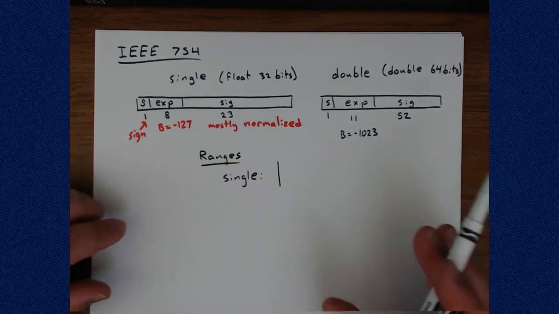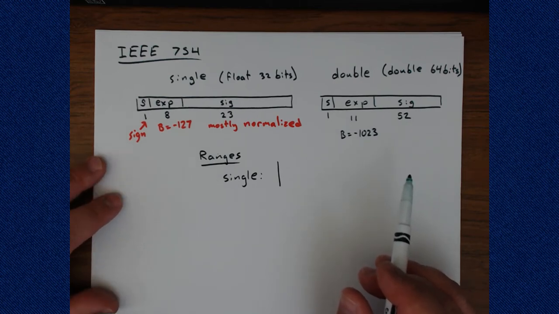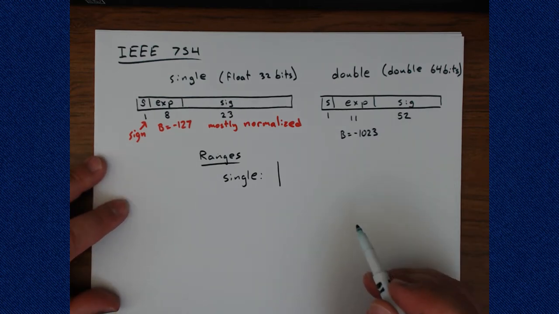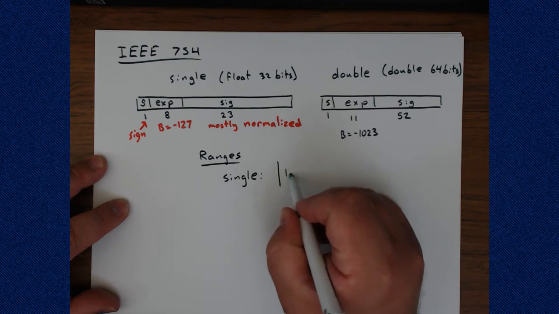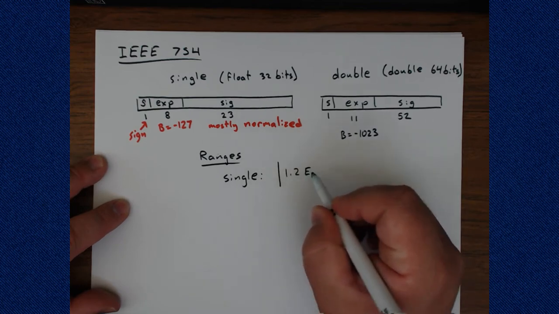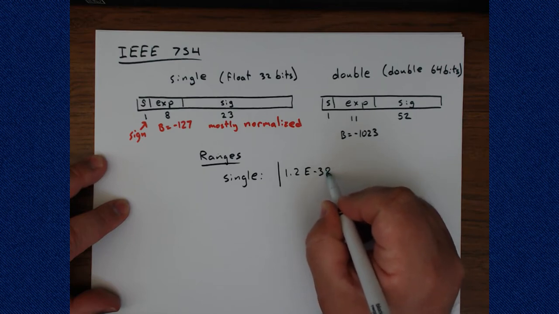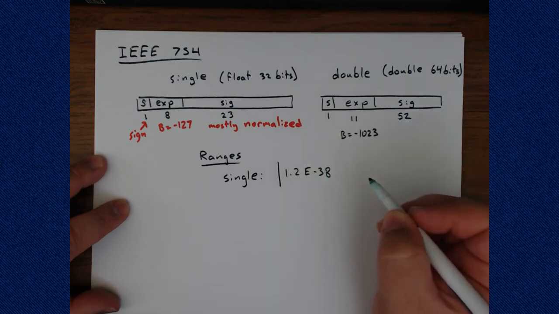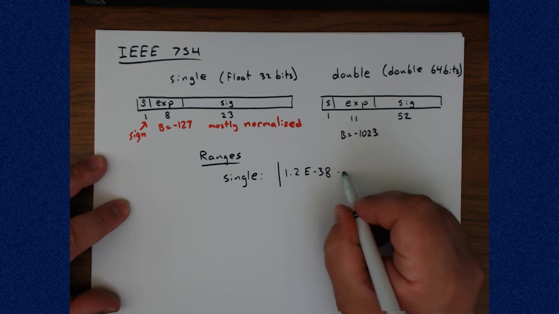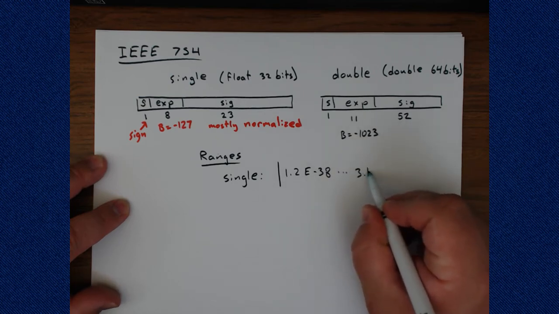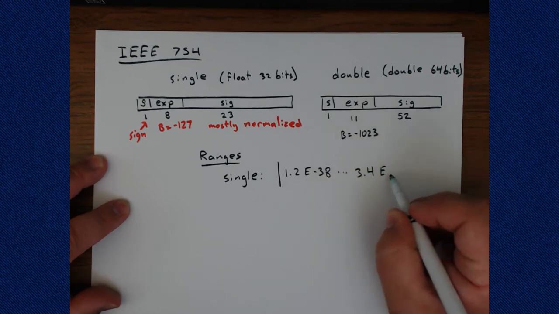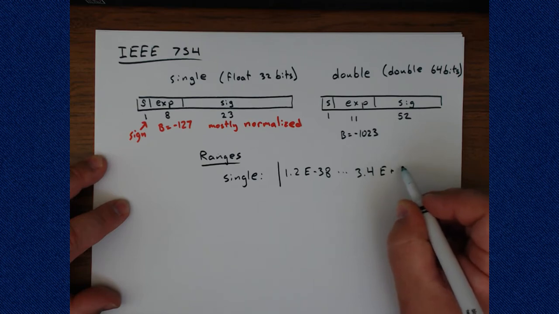So the ranges mirror themselves about 0 on the number line. But we can go here from 1.2 e to the negative 38, all the way up to 3.4 e to the positive 38.